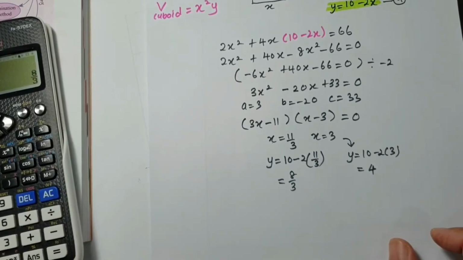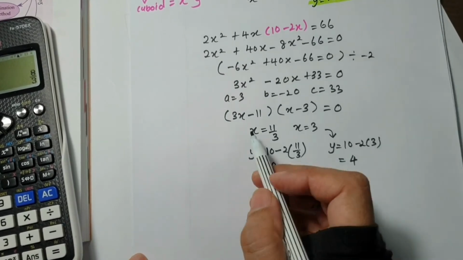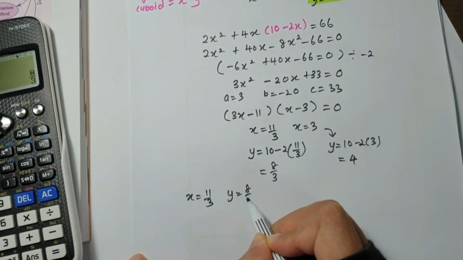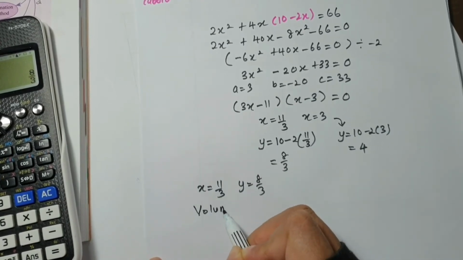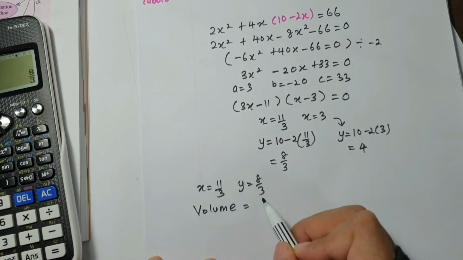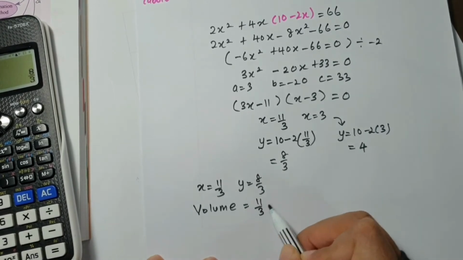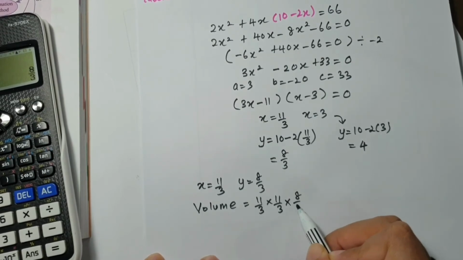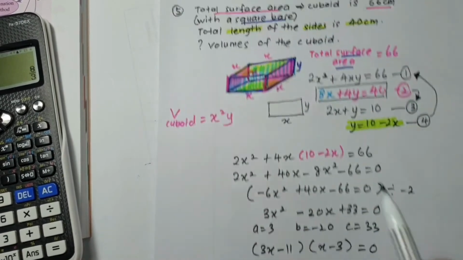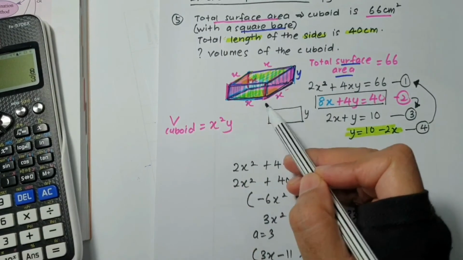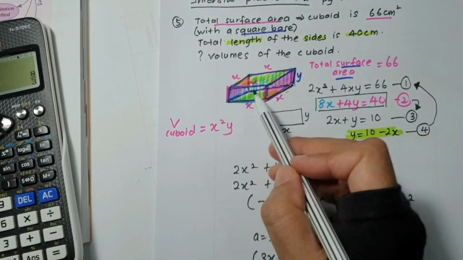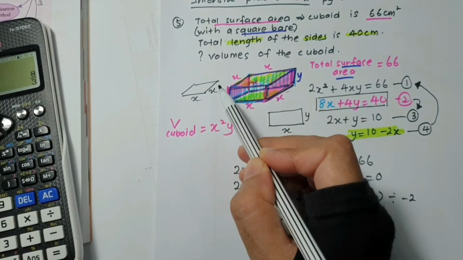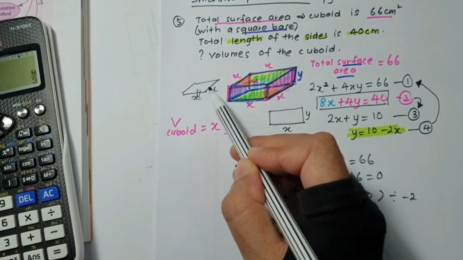So you need to find the volume. So we have two values of volume here. The first one, when x is 11 over 3, y is 8 over 3, so the volume is x times x times y, 11 over 3 times 11 over 3 times y, length times width times height. Length x, width x, height y. Because earlier it said square base, so when it is a square base it means the length and width are the same, equal lengths.